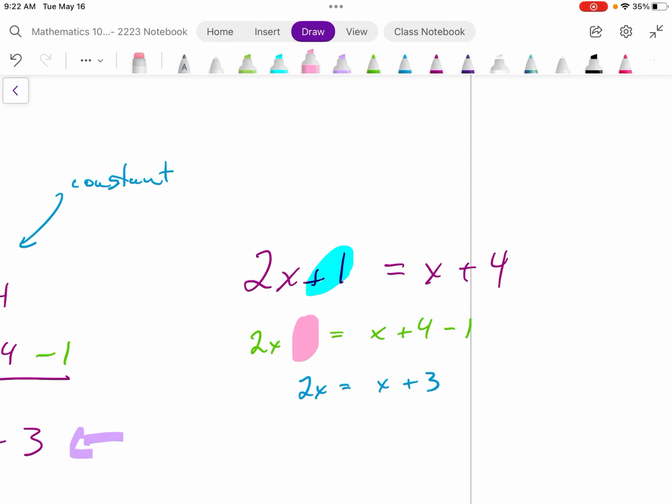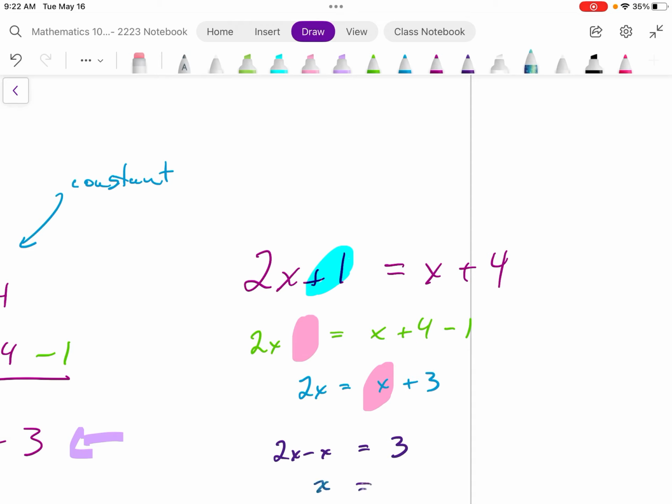It follows the exact same steps as before. Now, we're going to try to isolate the variable to the left-hand side. What's stopping it? This x on the right-hand side. So I'm going to subtract x from both sides. And if you notice, on the right-hand side, x just disappeared, because I subtracted it.